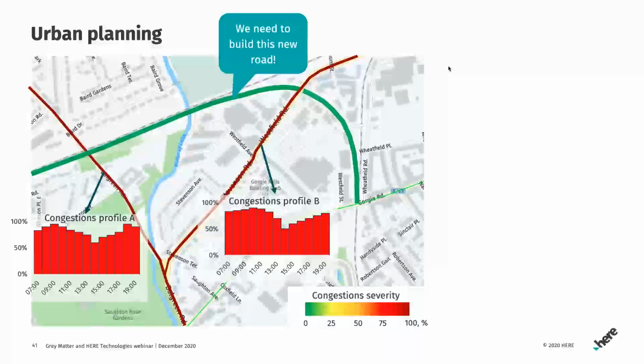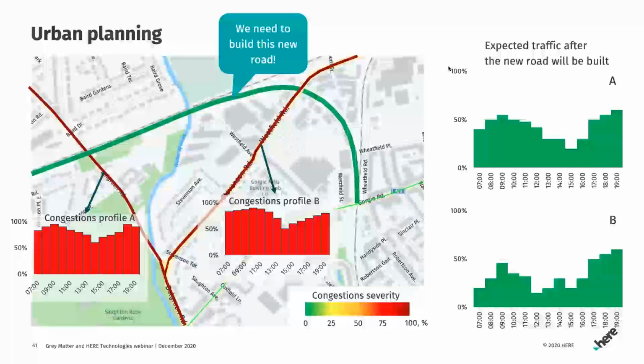What do we need? We need to build a new road in order to decrease traffic jams and reduce congestion. And it's possible to use modeling and simulation to predict the expected traffic on this road stretch. In these examples, we see that the desirable case is to reduce traffic jams by almost 50% during business hours. And it should significantly improve the efficiency of delivery businesses and all other government-related businesses.